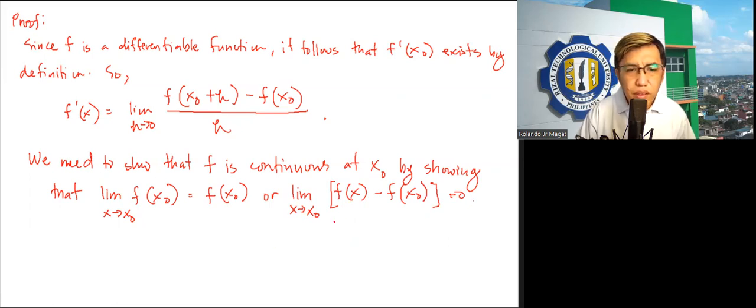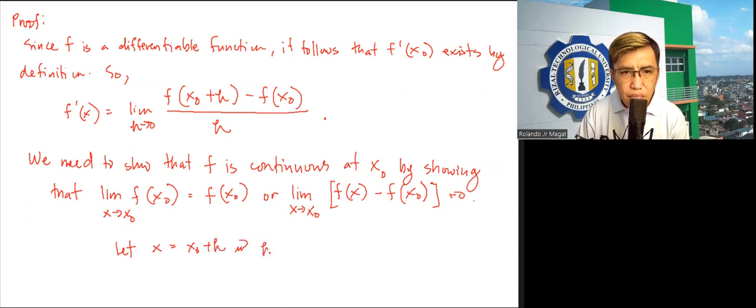Now, so let mag-represent tayo dito. Let x be equal to x naught plus h, and h approaches 0 when x approaches x naught. Okay? So that is the thing that we did last time.